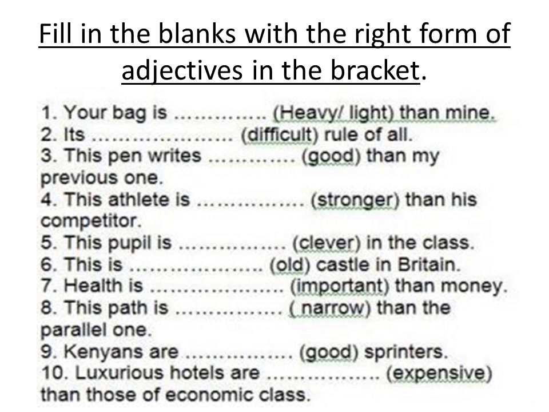This pupil is clever in the class. This is old castle in Britain. Health is important than money. This path is narrow than the parallel one. Kenyans are good sprinters. Luxurious hotels are expensive than those of economic class.